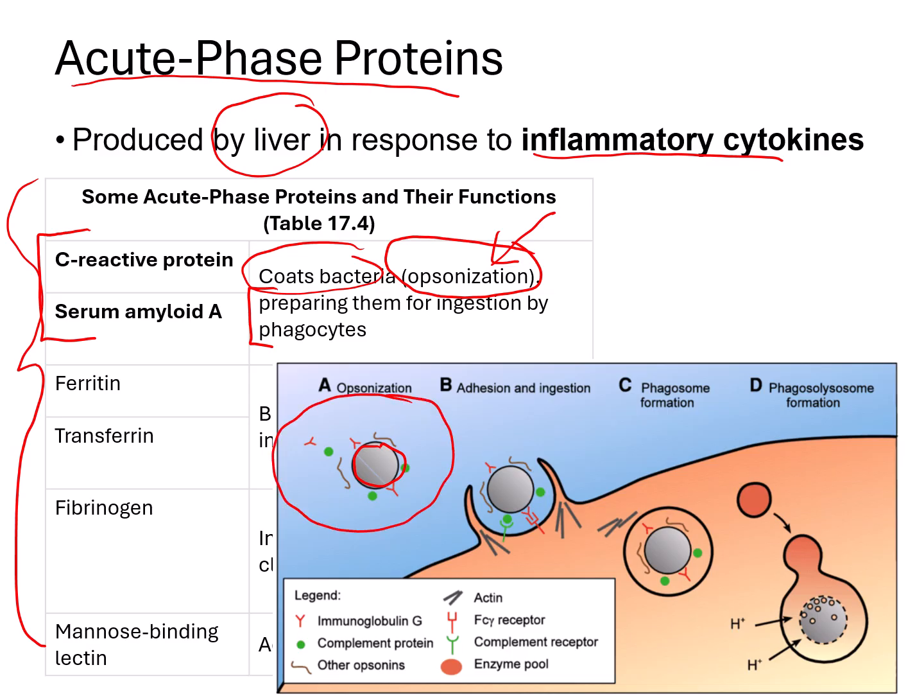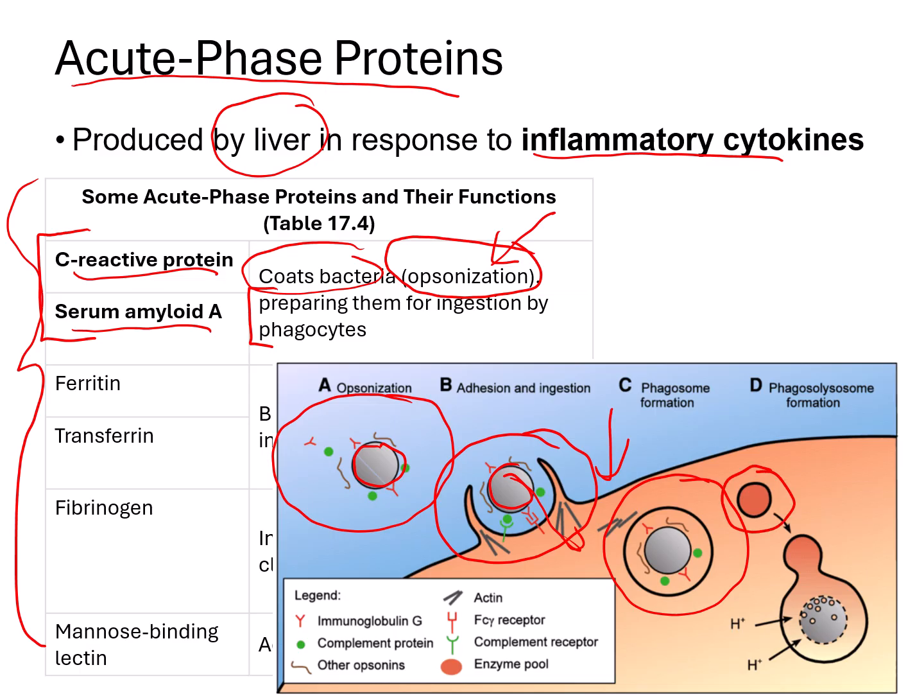The structure is different, but let's pretend it's being coated by C-reactive protein and serum amyloid A. That allows our phagocytic cells to more easily bind to and take in through endocytosis the bacterium, the pathogen. Once it's taken in, the lysosome will fuse with that phagosome, and digestive enzymes will break down the pathogen.